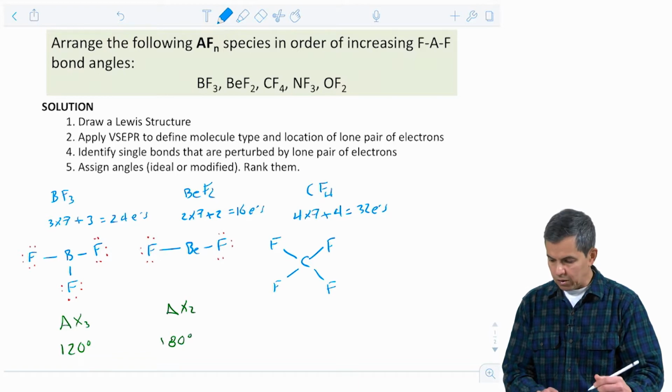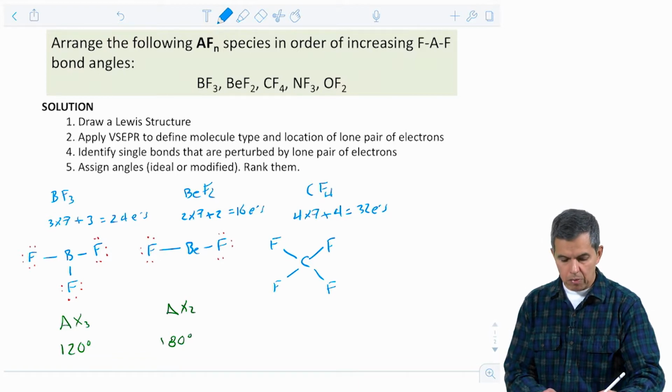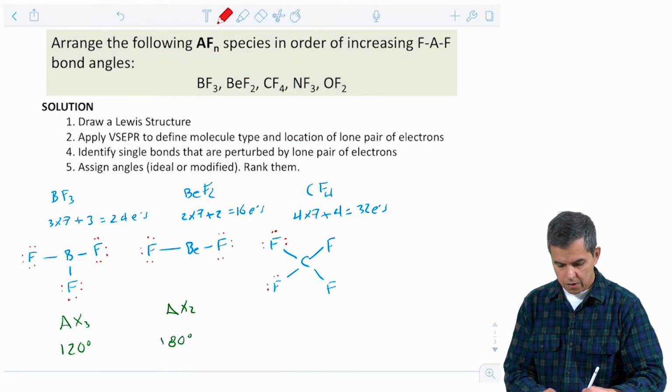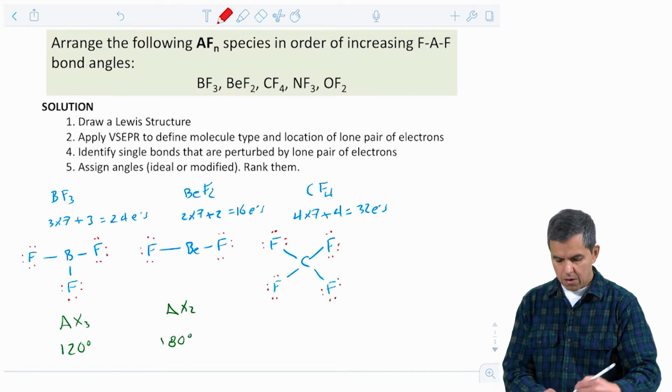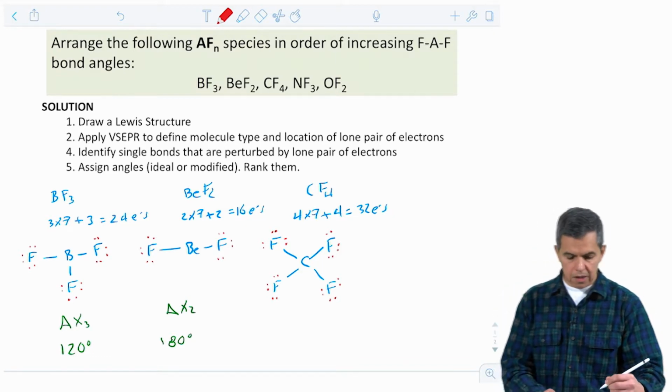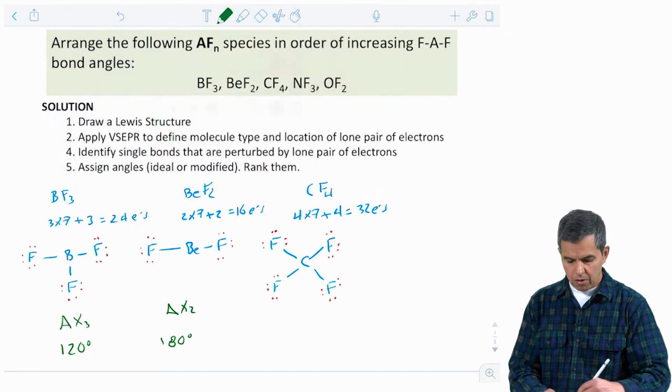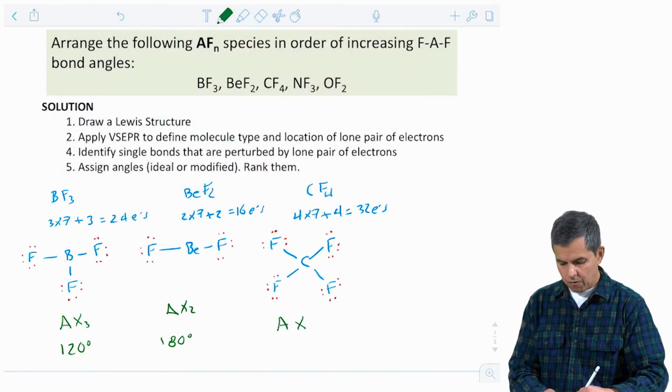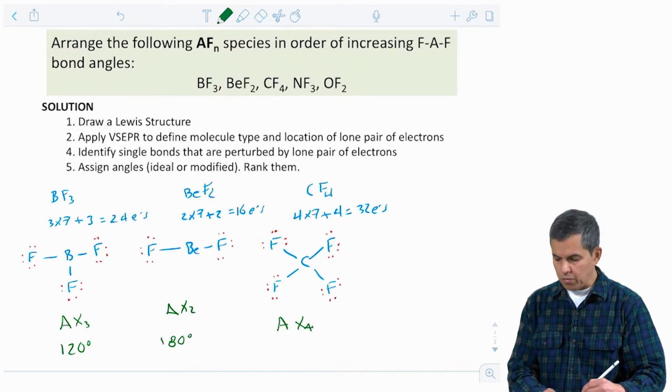We have a total of 24 electrons that need to be placed, and we're going to put 6 electrons on each fluorine. That basically gives us a molecular geometry of AX4, and the angle between bonds is 109.5 degrees.